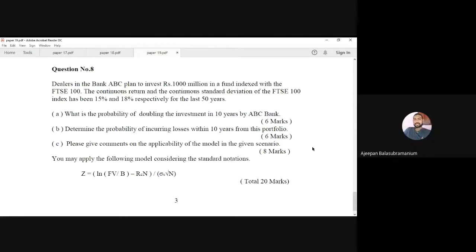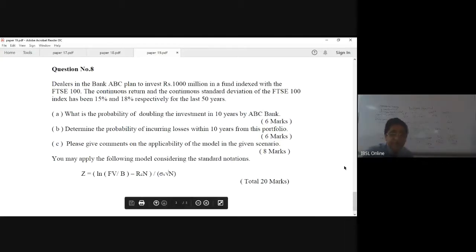Sir, can you repeat the comments again? Yeah. So first thing is, the analyst had done an observation for, say, the last 50 years, and they found out the trend in the last 50 years, and they have an assumption that this trend will prevail for another considerable period of time.